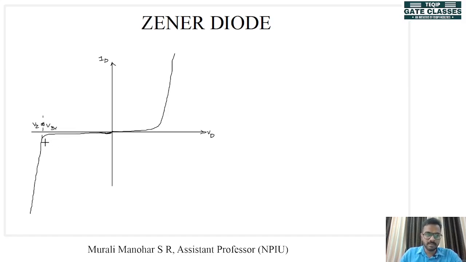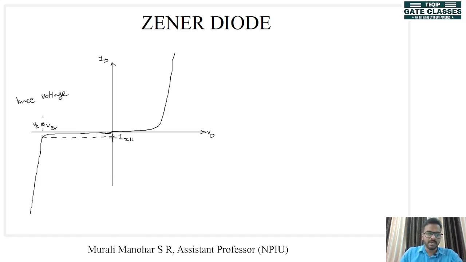So that is done in the manufacturing process, and the current corresponding to this voltage, which is also called knee voltage or breakdown voltage, is called knee Zener current, that is IZK.